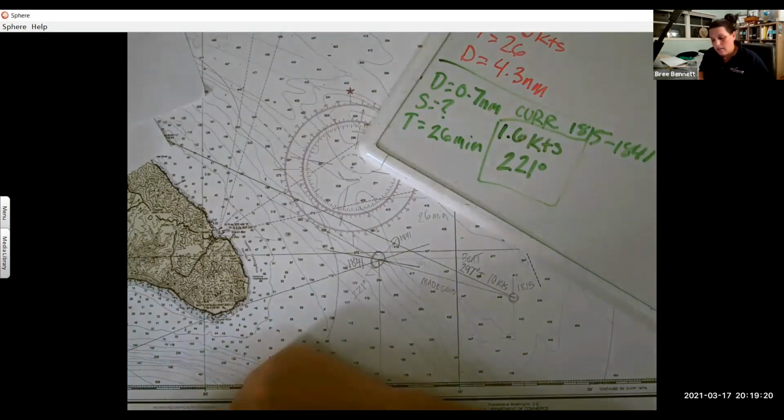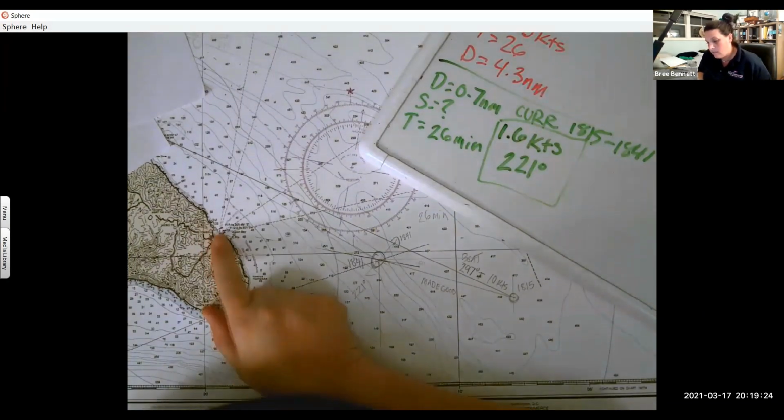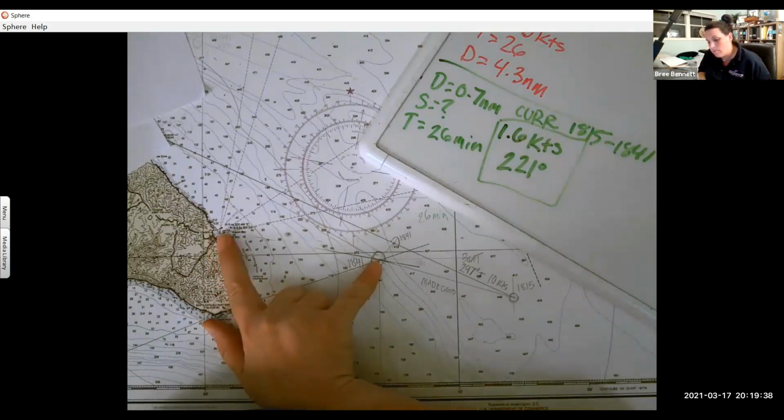So then we decide to head for Avalon, right in between buoys 1 and, or the lights 1 and 2. What is our course from our 1841 position? What is our distance? What is our course? And what is our ETA?